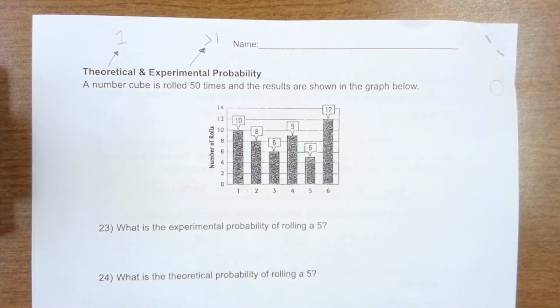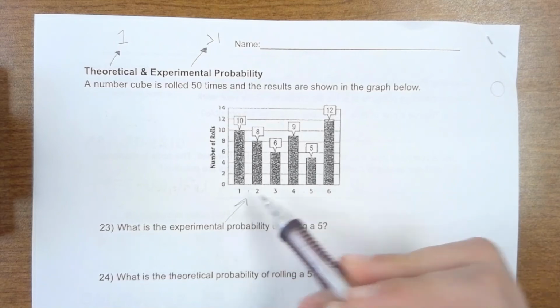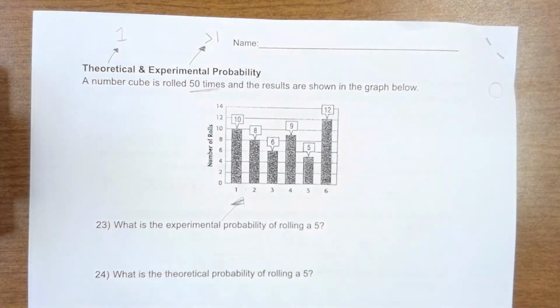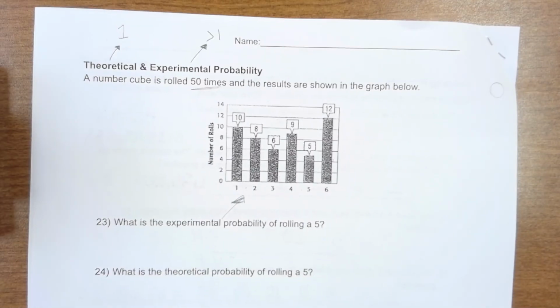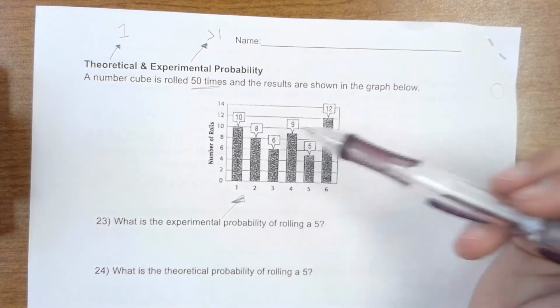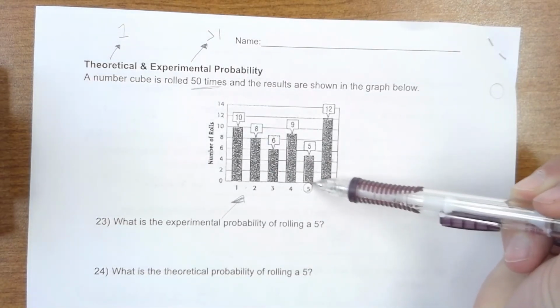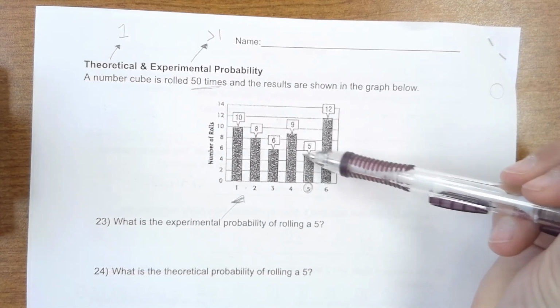Number 23 says, what's the experimental probability of rolling a 5? So experimental is coming from this table because they rolled a die 50 times. That is experimental probability because they did it more than once. So for the experimental probability of rolling a 5, check to see how many 5s they rolled. Here is the number they rolled, and they did it 5 times.